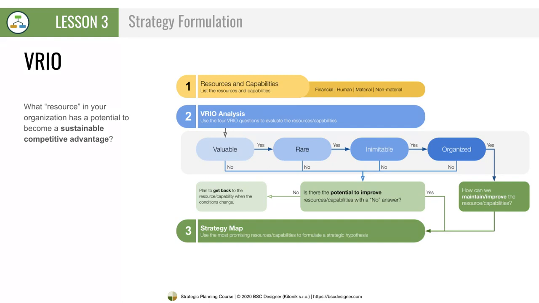If the answer to all four is yes, then we have a sustainable competitive advantage and can formulate our strategy around improving it. If the answer is no, then the strategy can be formulated around exploring the potential of the resource and eventually converting it into a sustainable competitive advantage.